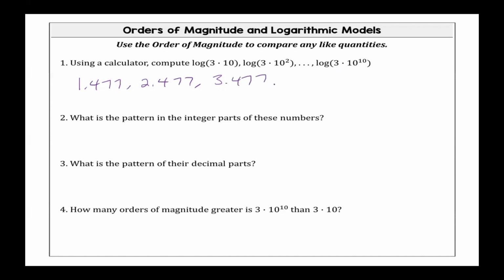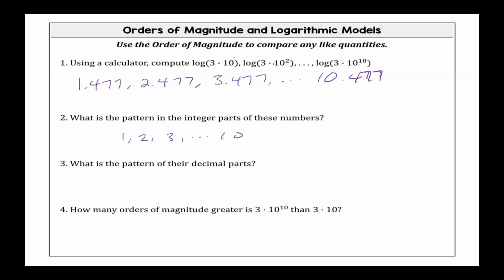If I need to figure out 10 to the 10, what did that come out to be? Oh my gosh, look at that. That's a weird 7. Trust it, it's a 7. So what do we notice? What's the pattern with the integers? It's just your natural numbers, right? 1, 2, 3, dot, dot, dot, 10.